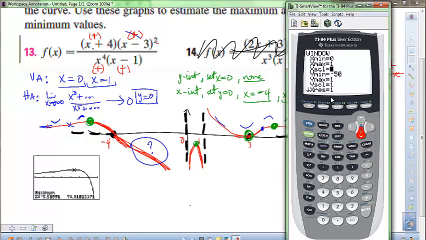Let's try -200. I was going to say 100, but let's just jump all the way down to -200. And let's go to 0 here. Okay, still no sign of the graph. So let's keep going further.